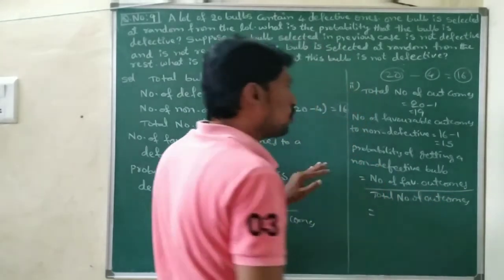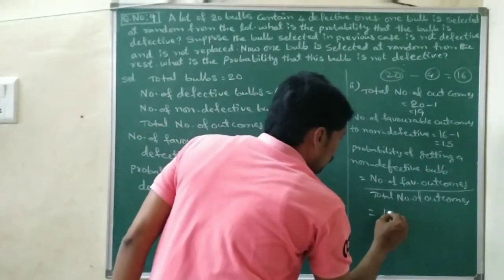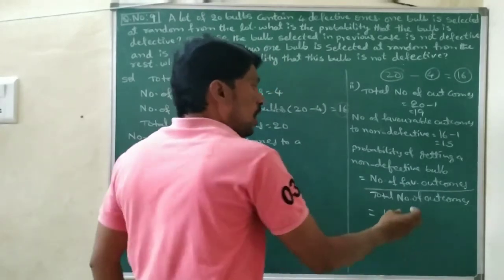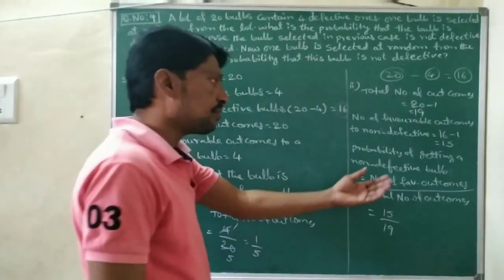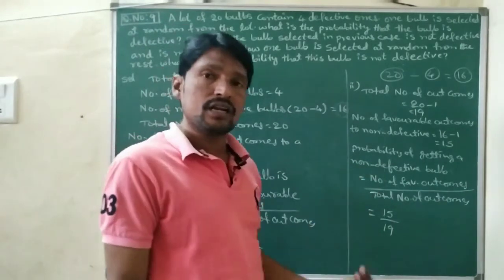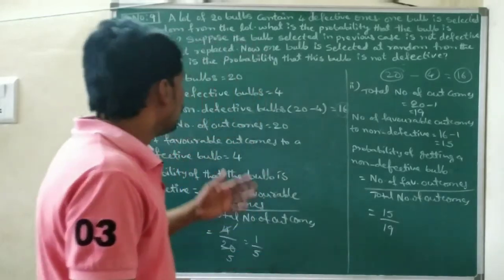So number of favorable outcomes to non-defective bulbs, how many here? That is 15 by total outcomes will be 19. So what is the probability of getting a non-defective bulb? That is 15 by 19.